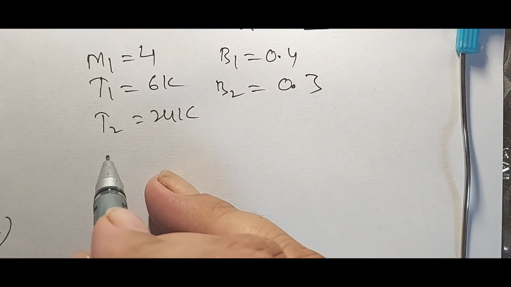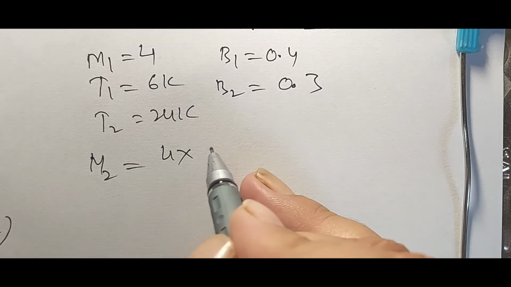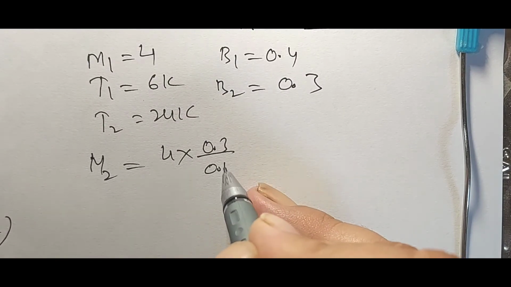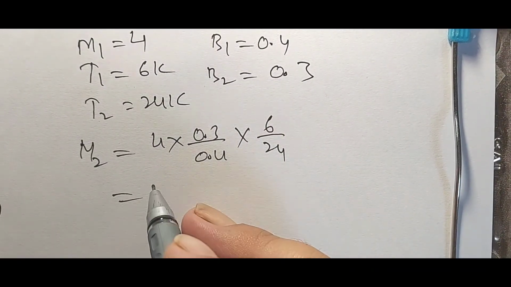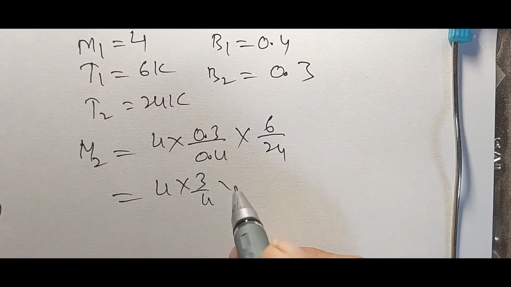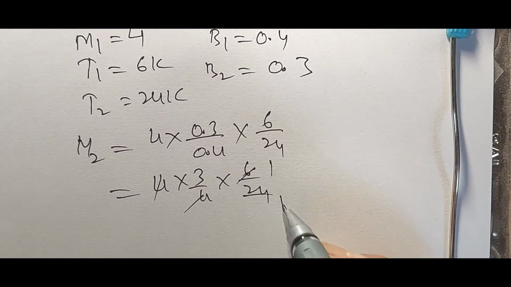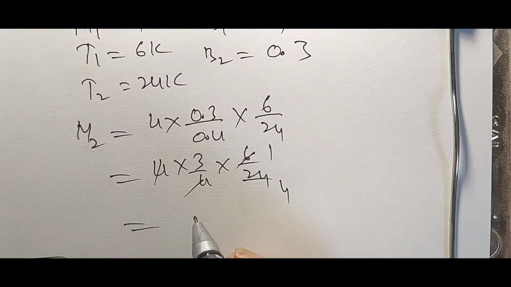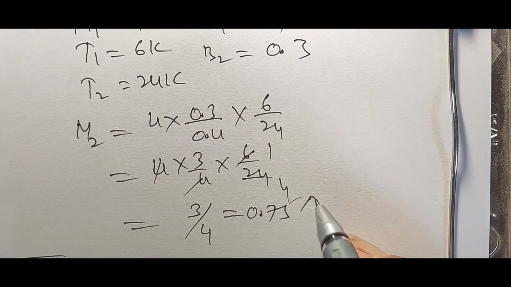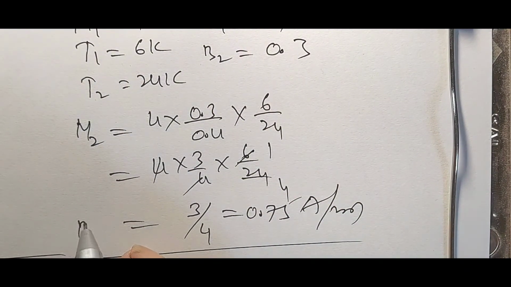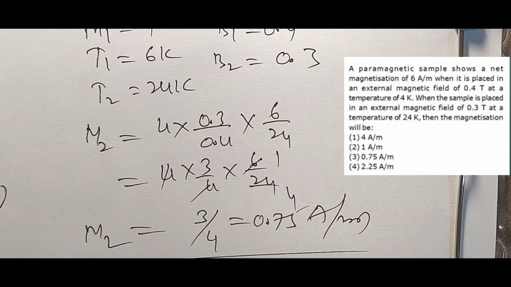Substituting these values, M2 is equal to M1 4 into B2 by B1 0.3 by 0.4 into T1 by T2 6 by 24. 4 into 3 by 4 into 6 by 24. 4 cancel. 6 1s are 6, 4s are 24. What we get here is 3 by 4, that is equal to 0.75 ampere per meter. So what is our correct option here? Our correct option is option 3.